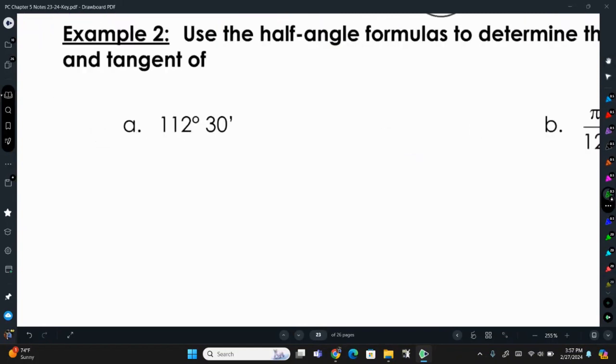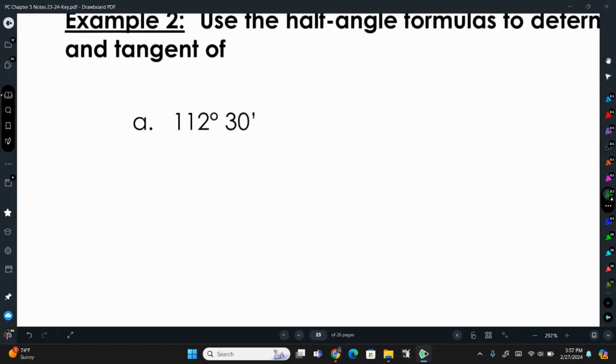So if we look at 112 degrees 30 minutes, first we want to realize that this is in quadrant 2, where cosine is negative, sine is positive, and tangent is negative. So when we look at our half angle formulas, we'll know if we should use the plus or minus part of those formulas on our sheet.